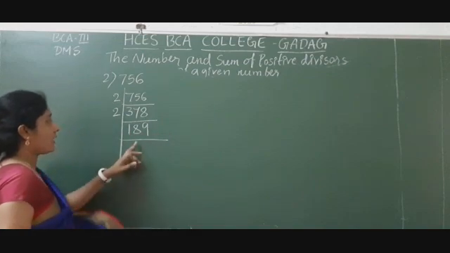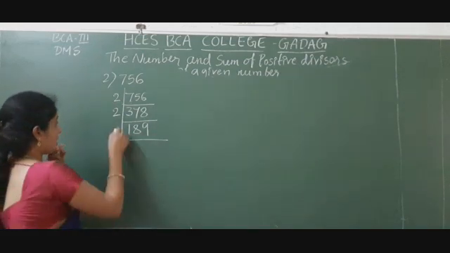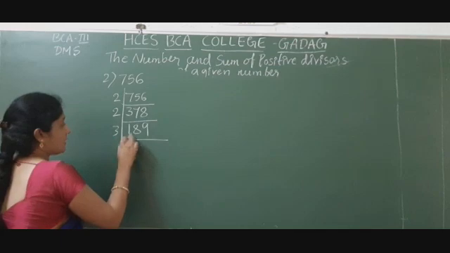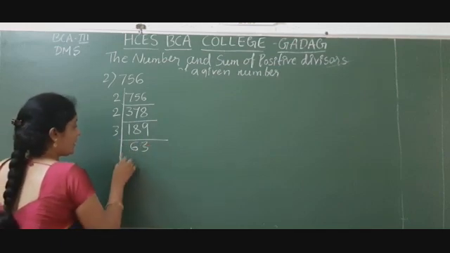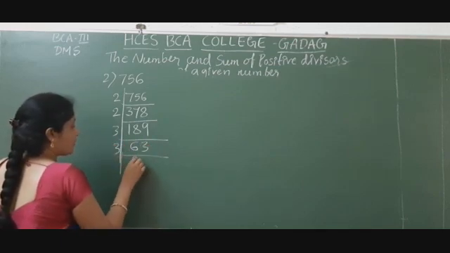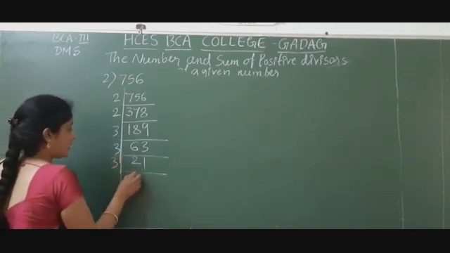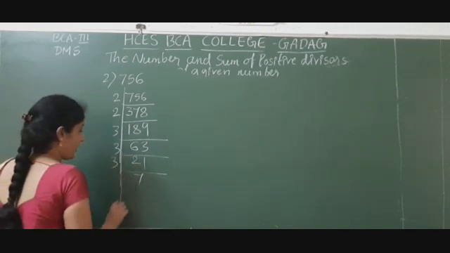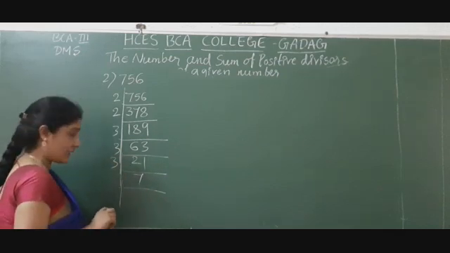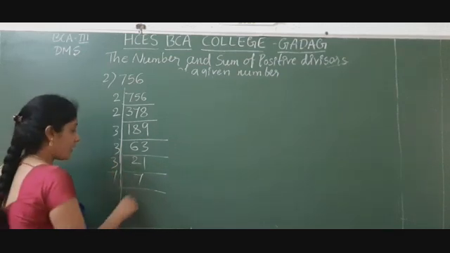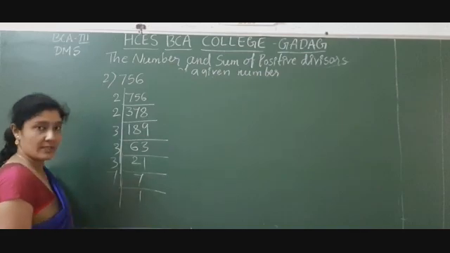Now, this cannot be divided by 2, therefore we have to consider 3. 3 6s are 18, 3 3s are 9, 3 2s are 6, 3 1s are 3. Next, 3 7s are 21. Now this cannot be divided by 3, therefore let us consider 7, which is nothing but 7 1s are 7.